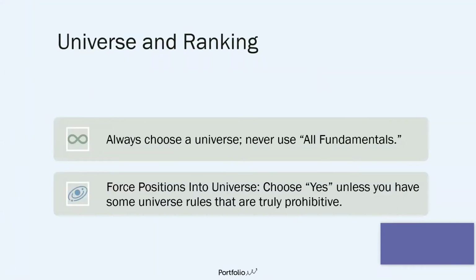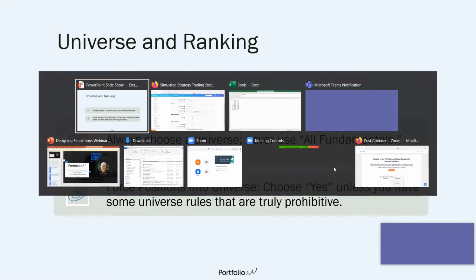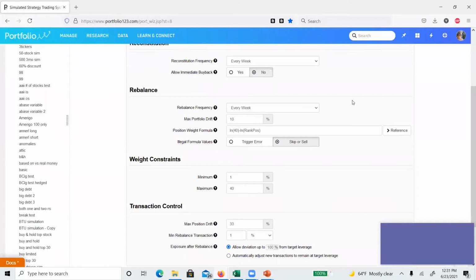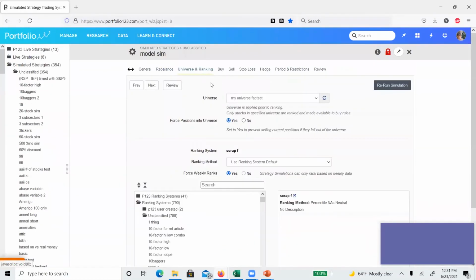The next tab is the universe and ranking tab. I would suggest that you always choose a universe, and that you do not go with all fundamentals. Force positions into universe is a really handy thing. Let's say your universe is the Russell 2000, and one of your stocks gets really big, increases in market cap, and ends up being in the Russell 1000.